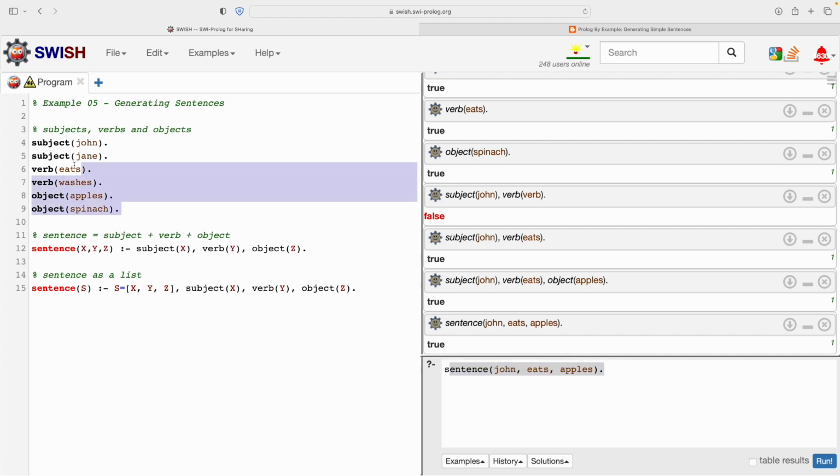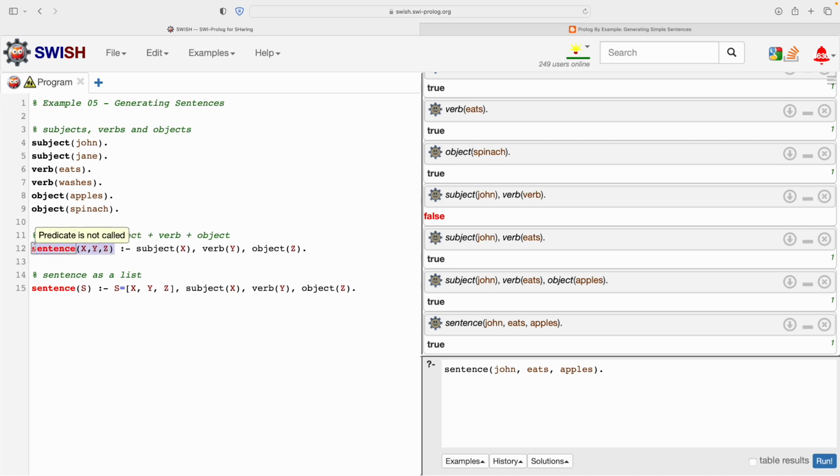In terms of the very simple facts at the start, none of them are sufficient to answer whether sentence John eats apples is true. But this rule here seems to be relevant. And the way, as you remember from the previous video, it knows it's relevant is if the head of the rule matches a query. So sentence John eats apples, sentence XYZ, that matches, that unifies. Do you remember unification?